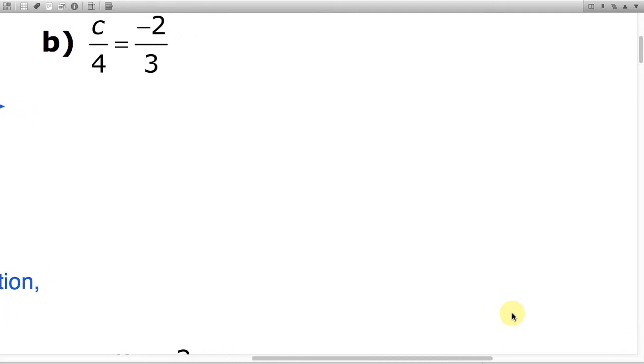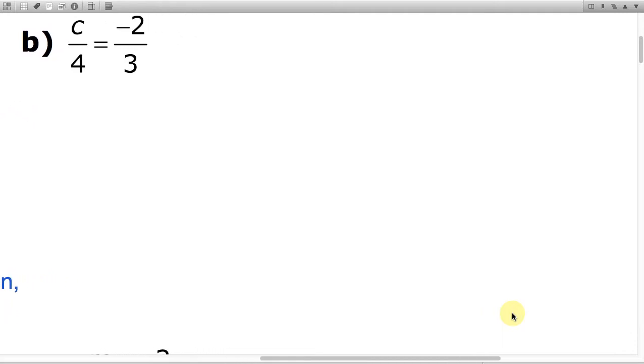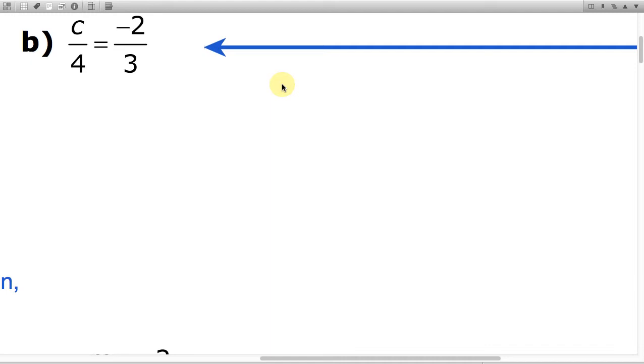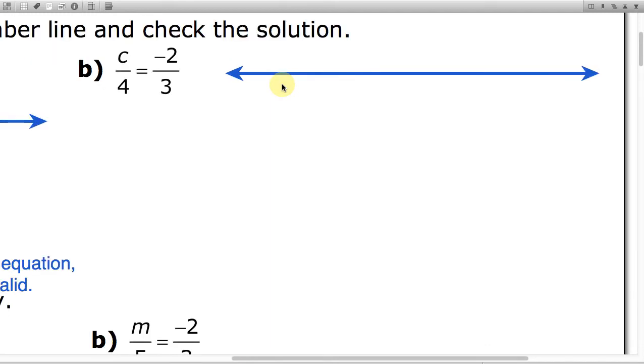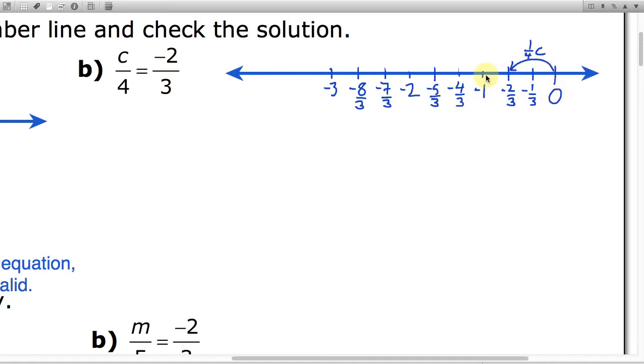Now let's take a look at the next one. We have c over 4 equals -2/3. So again, you draw a number line, and you put some numbers on it, and you can see that 1/4 c goes to -2/3.